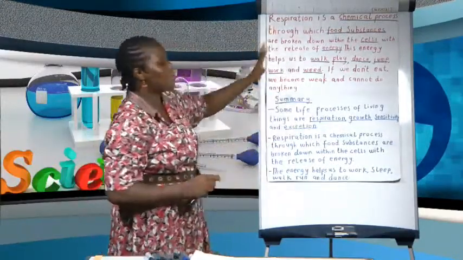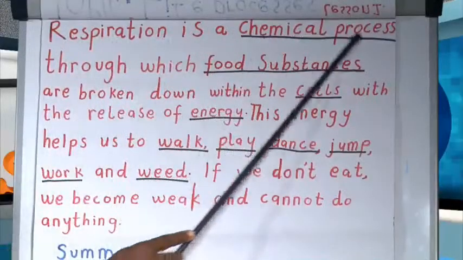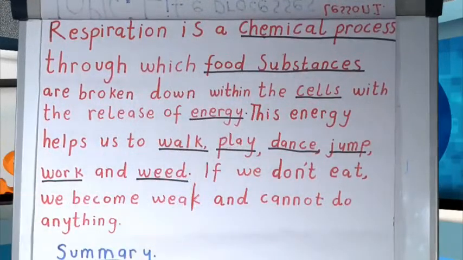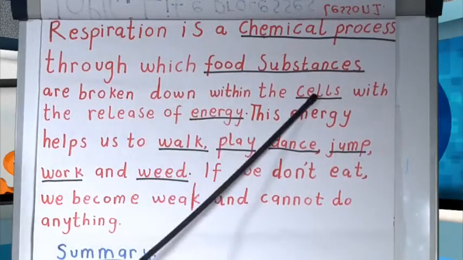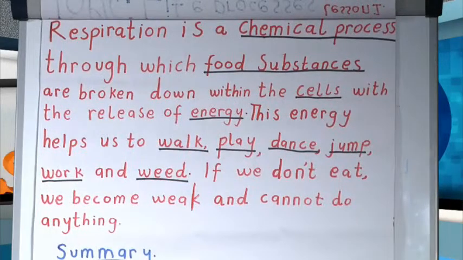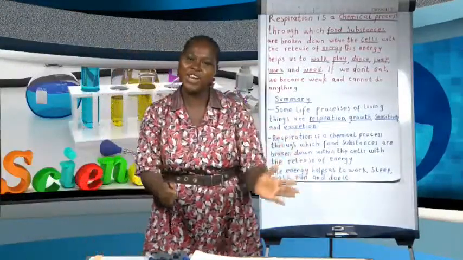Now, let's look at our respiration again. Respiration is a chemical process through which food substances are broken down within the cells with the release of energy. Now, we saw from our screen the goat eating, the hen eating, the children eating.